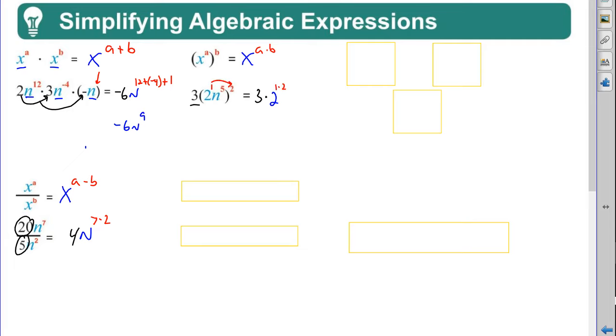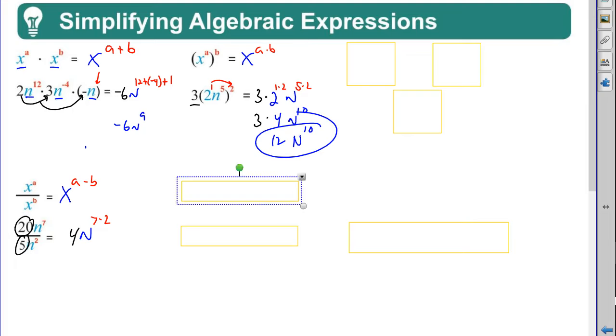The 1 times 2, n times n to the 5 times 2, right? So look where we end up. 3 times 4, right? 2 squared is 4, times n to the 10th for 12n to the 10th. Just take it one step at a time and you'll get there. All right, I got to hustle here.